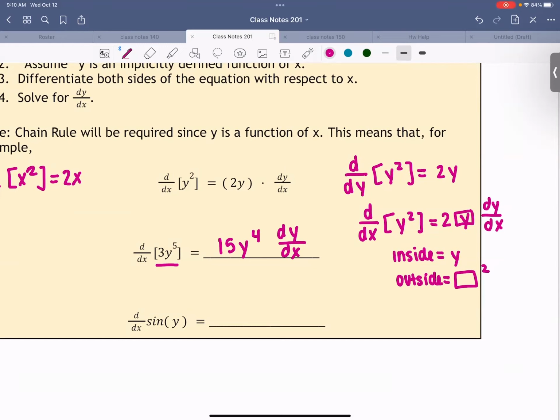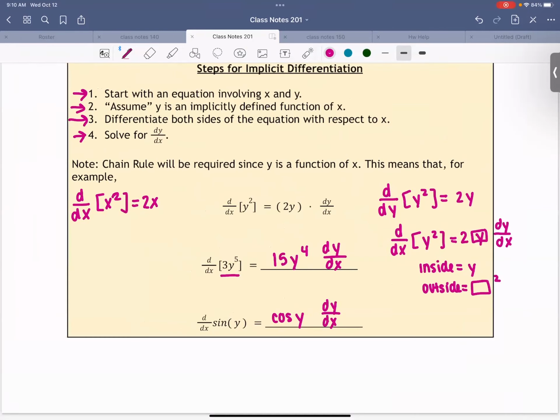What about the derivative of sine y? Yep, cosine y, dy/dx, or y prime. So just find the derivative with respect to y and multiply it by dy/dx. That's all I mean when we have y's but we're finding the derivative with respect to x.